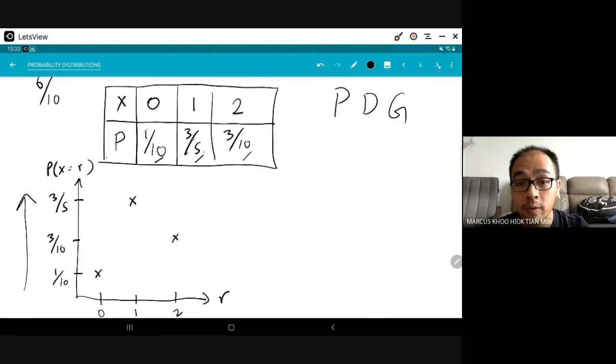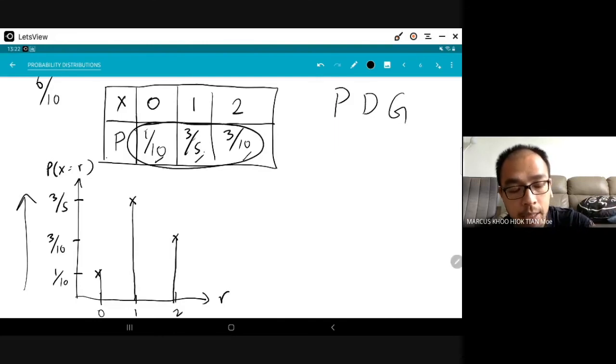And the last step to draw the graph is just a straight line from down all the way to here. Macam begini. Okay, and when you have done this, always double check to make sure that your total probabilities mesti sama dengan 1.